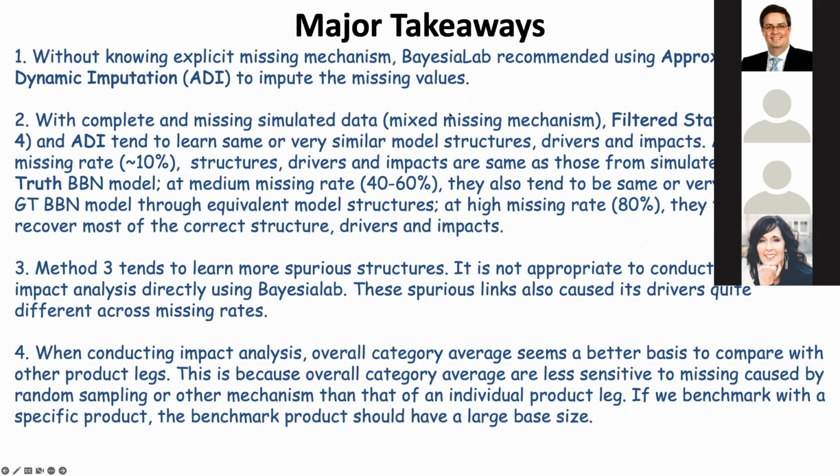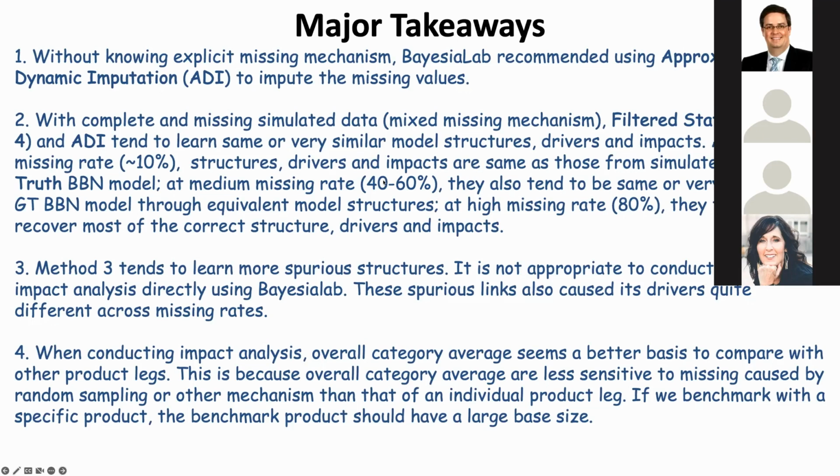So here are the major takeaways. Without knowing explicit missing mechanism, BayesiaLab recommend you use ADI. So with complete and missing simulated data, in our case, filtered states and ADI tend to learn same or very similar model structures, drivers, and impacts.